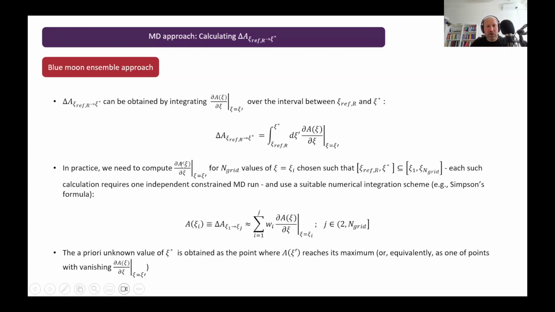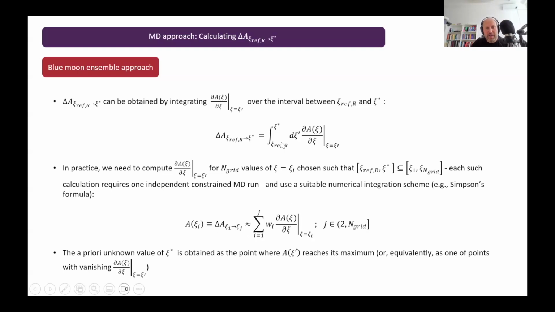Each such gradient calculation requires one separate constrained MD run. Then we choose some suitable numerical scheme, for instance the Simpson scheme, which usually casts the integral into the form of a weighted sum. And this is how we then compute the reversible work.